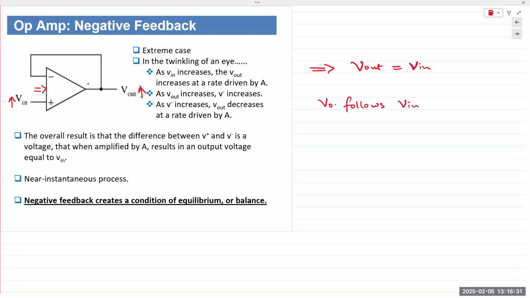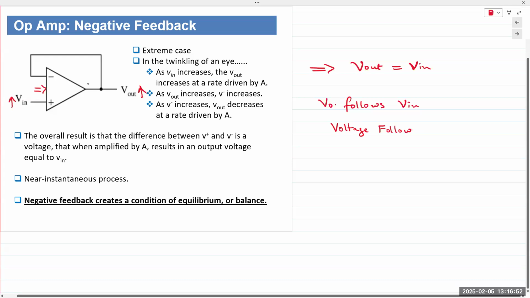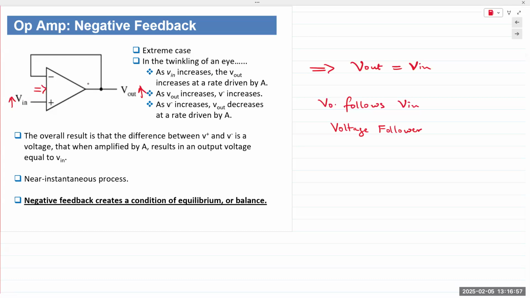Again, Vin is applied, Vout increases, and by negative feedback that forces the input difference towards zero, and when it goes to zero, Vout drops, and again it loops. So the circuit is known as a voltage follower. You apply a sine wave signal to it, you get the exact replica at the output.